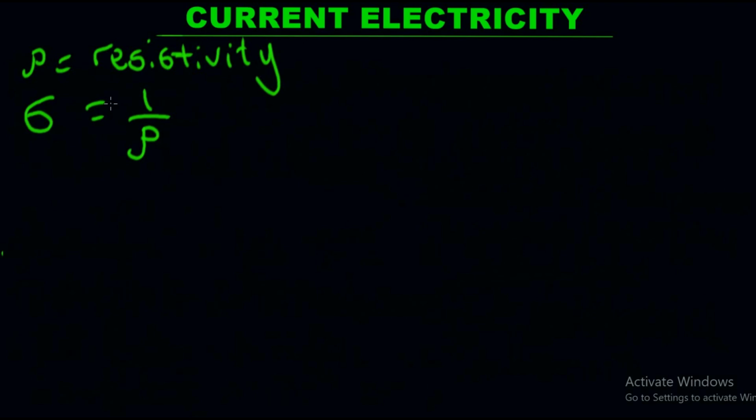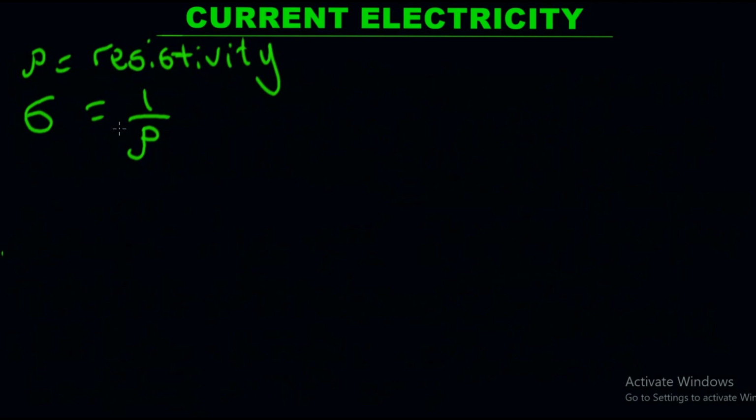So this brings us to Ohm's law, which is another concept we'll come across in current electricity. When we solve questions, all these concepts are very important, so that when we start solving questions, it will be very easy to apply each of them.